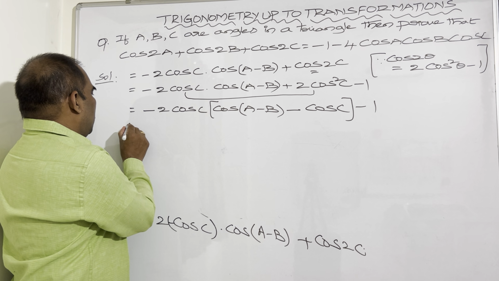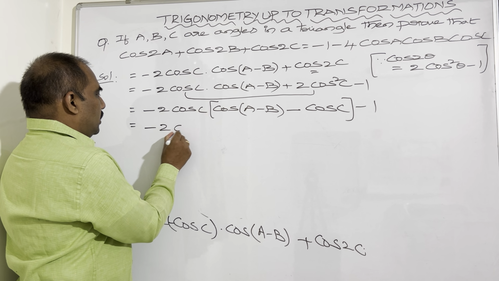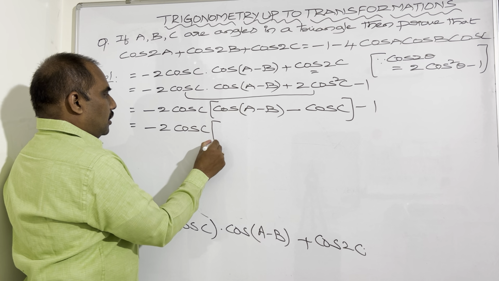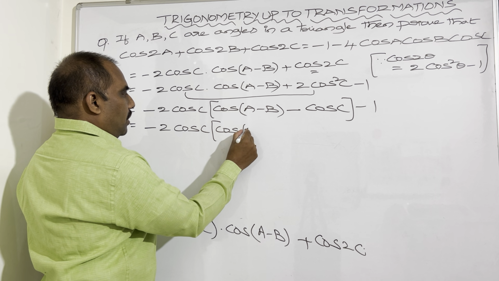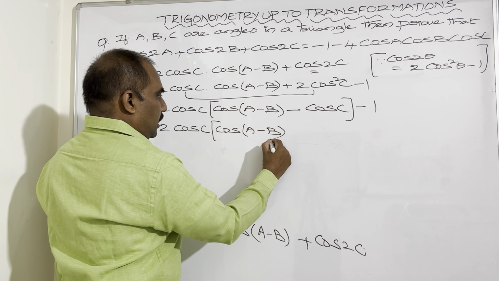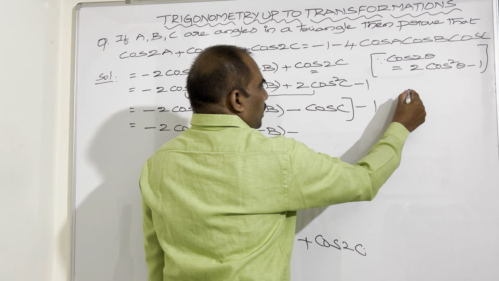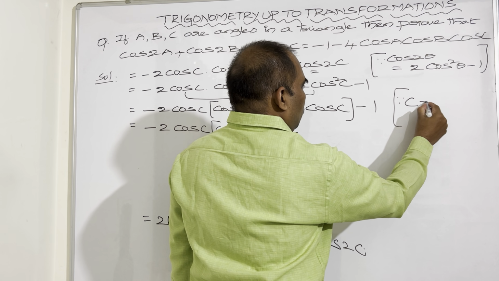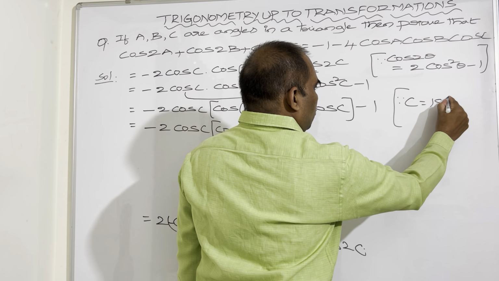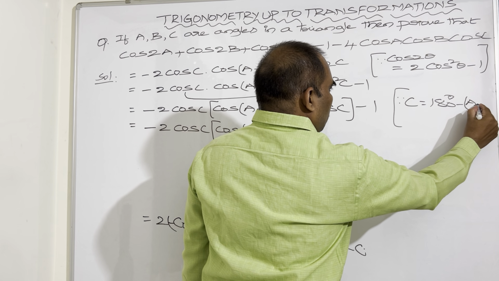See, this is equal to minus 2 cos C into cos of (A minus B) minus cos C. I told you in the beginning, C can be written as 180 degrees minus (A plus B).